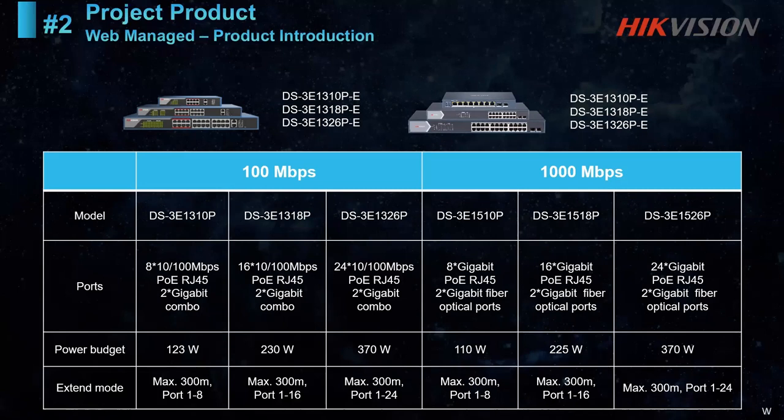In both these ranges, you can see we have different PoE power budgets and different number of port combinations, but almost all of these switches support 300 meters of extended PoE mode if you are using them to connect to CCTV cameras.